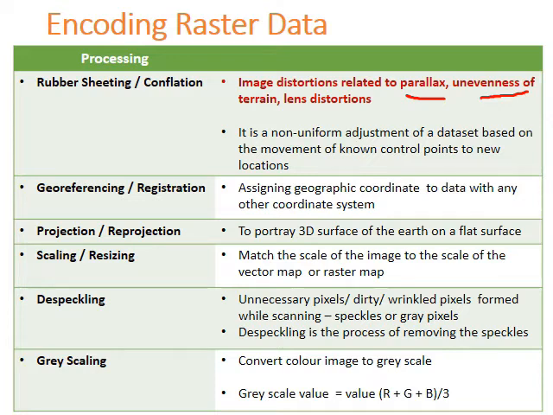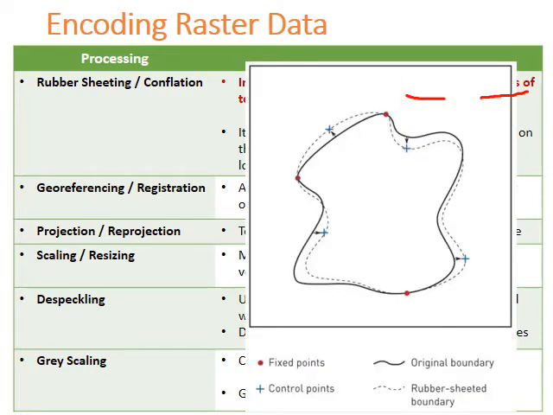So what happens there is, if you look at this image, the control points are the blue cross marks, and you have thick lines which are the original boundary, and there are dotted lines which are the rubber sheeted boundaries.